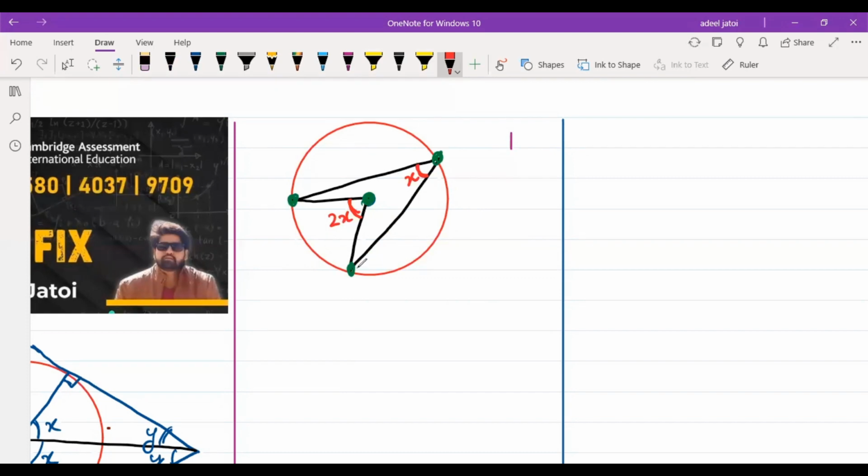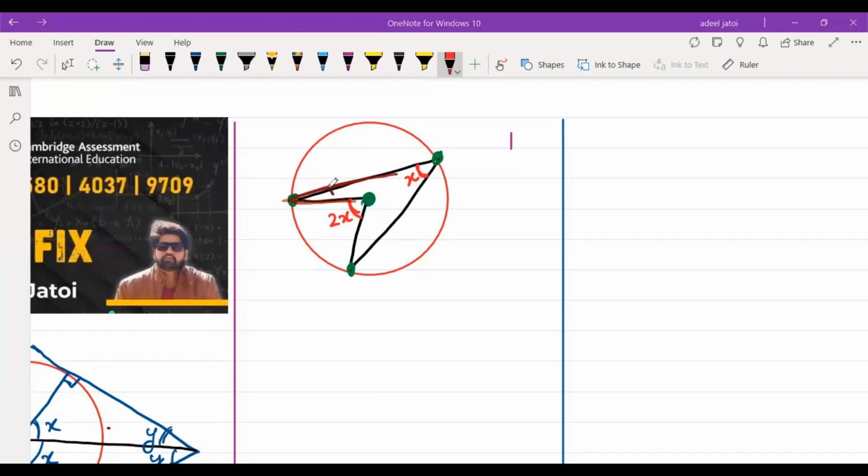Even these two lines are also meeting the circumference, but we did not take half of the center because out of these two lines, one line is meeting what? Center. So what you need to understand is that only the line that meets the circumference will be half, not the line that meets the center.